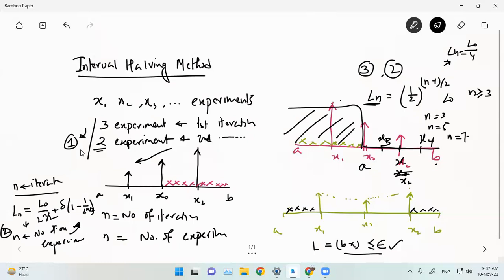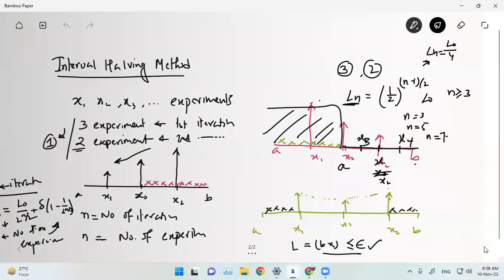So let's see the problem that we have solved using the dichotomous search method. Let's try to solve the same problem with our interval halving method. First, let's see how many steps we have to go with the formula.